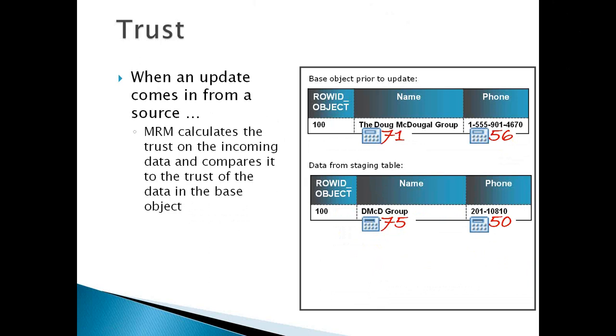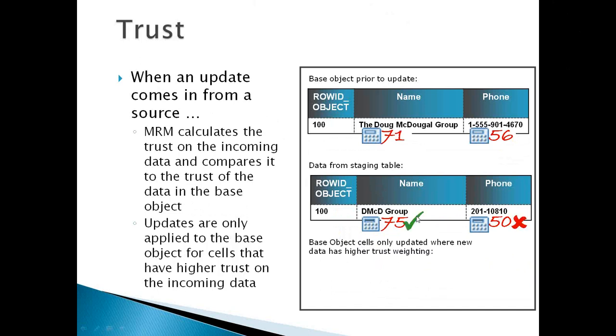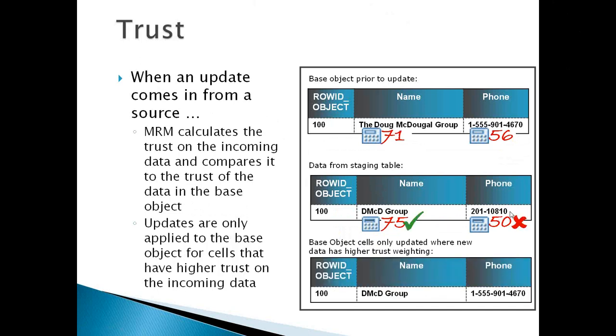When I loaded the data from my staging table, again it calculated the trust and validation rules were applied. Based on that, it came up with numbers like for the name it is 75, but for the phone number it is 50. So in this case, it will just promote the name into the master record. The phone number will not get promoted into the master record.